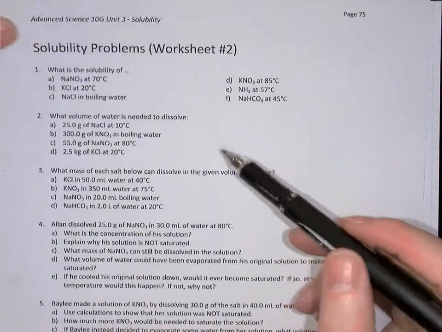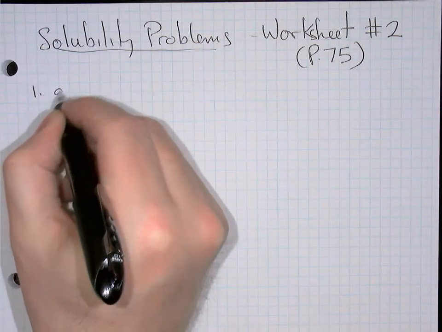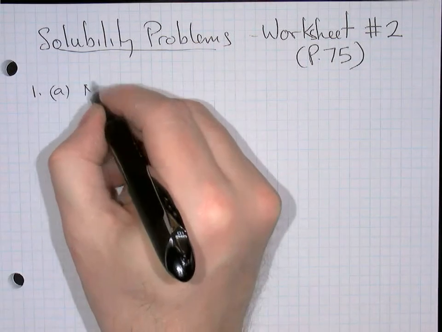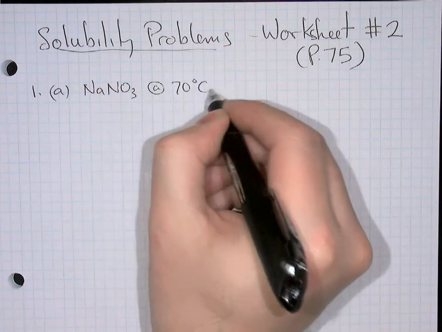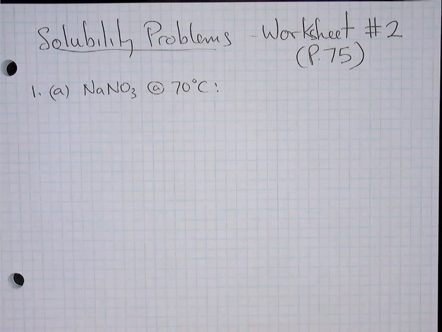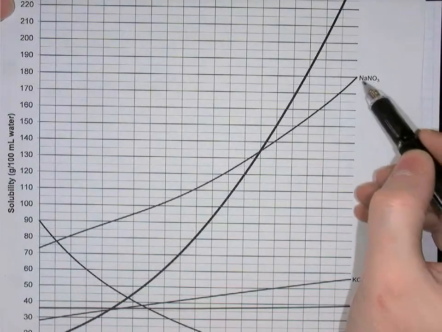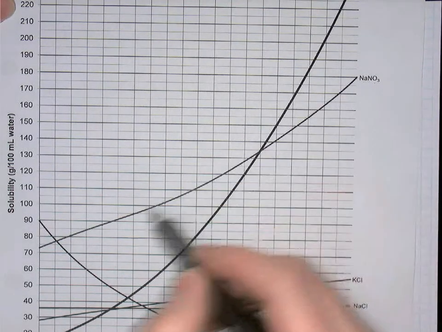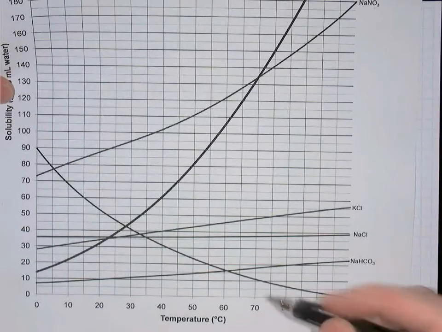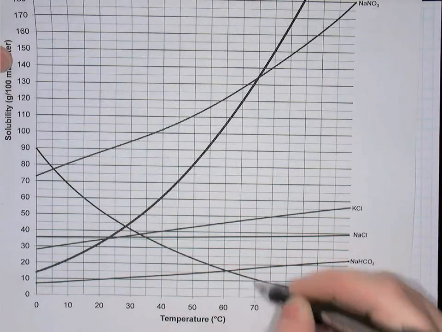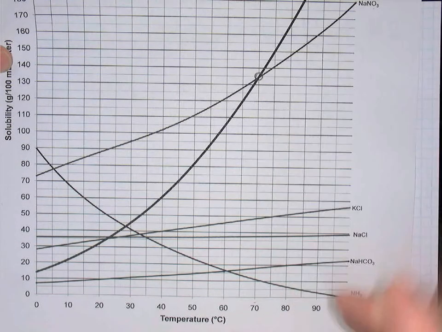What is the solubility of sodium nitrate at 70 degrees Celsius? So question number 1, you're doing this on loose leaf. So sodium nitrate at 70 degrees Celsius. The solubility is, and let's look at our graph here. Sodium nitrate is NaNO3, and it's this curve here. So we find 70 degrees Celsius on the x-axis. Here we are, 70. We're going to go straight up to that curve, and it happens to be the temperature where those two curves meet.